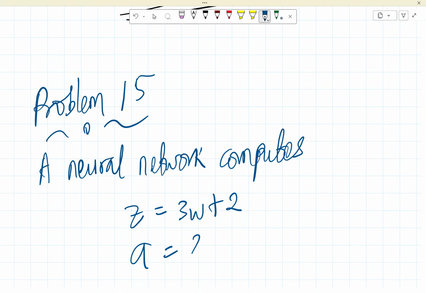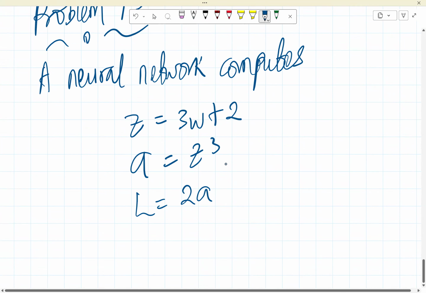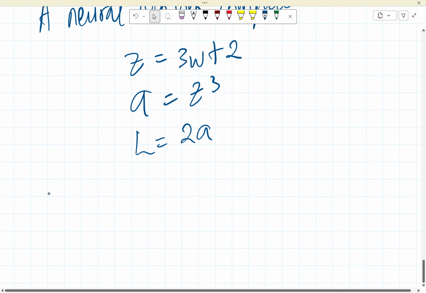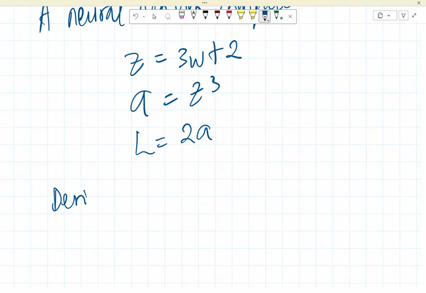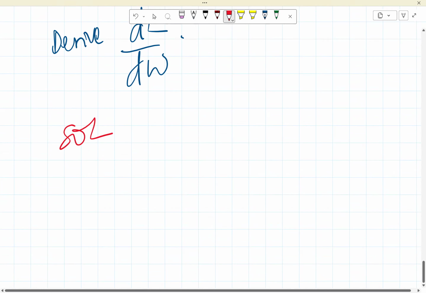Then A is Z cube and L is equal to 2A. And then we need to derive dL/dW. Okay, that's what we need to do. So of course, that's straightforward.